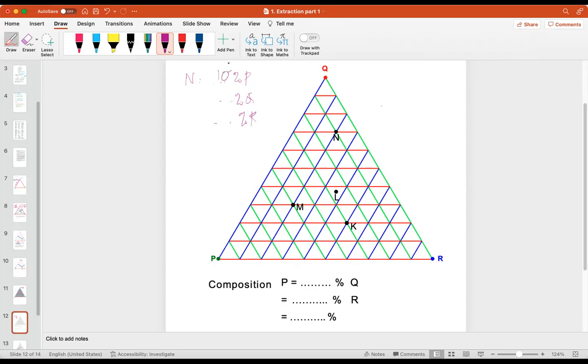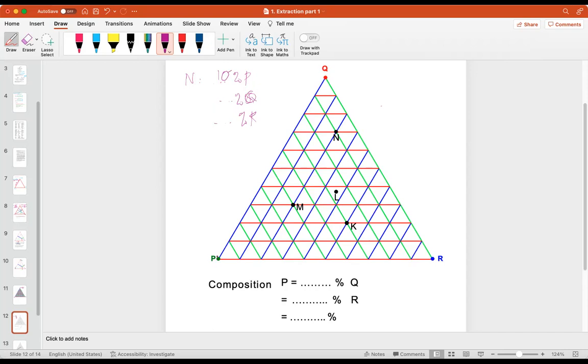Okay, how about the R or the Q? Now Alisa, what is the percentage for the Q in the point N? I think it's around 70%. Yeah, 70%. So you read this one, the red one.